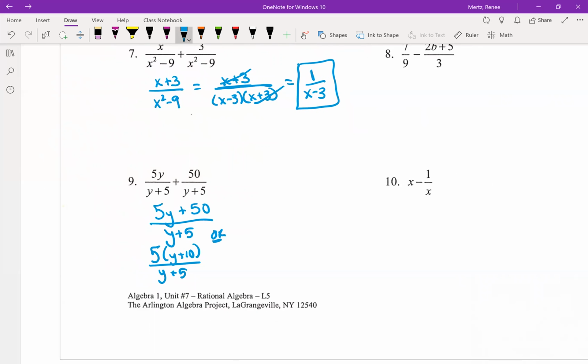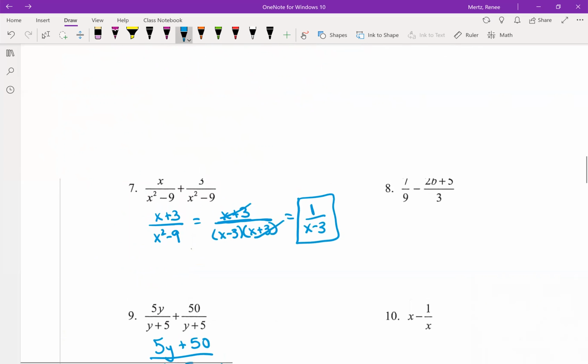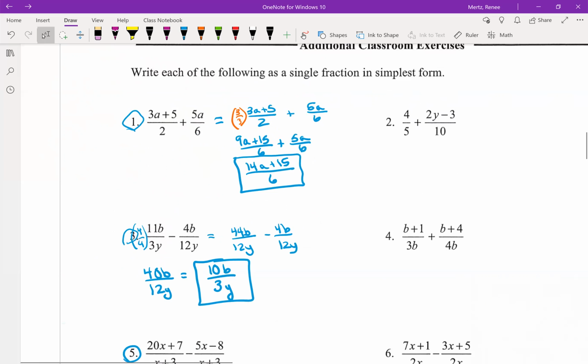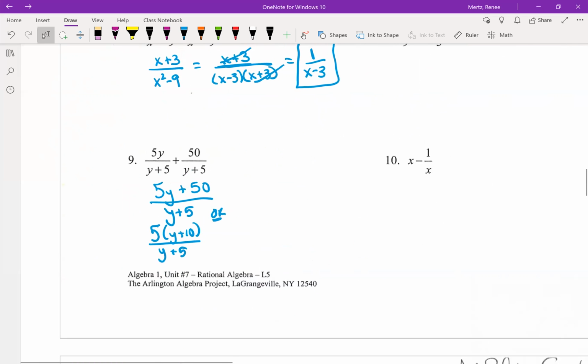Let's take a look at 10. 10 is another good one. So there's no denominator on the x. So I'm multiplying by x over x times x over 1 minus 1 over x.